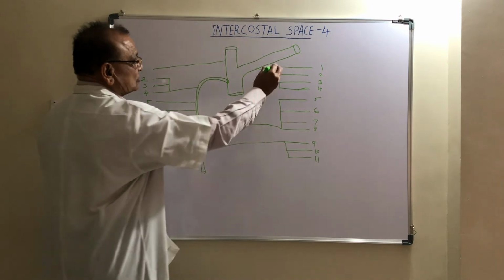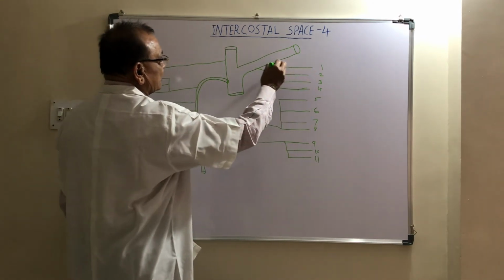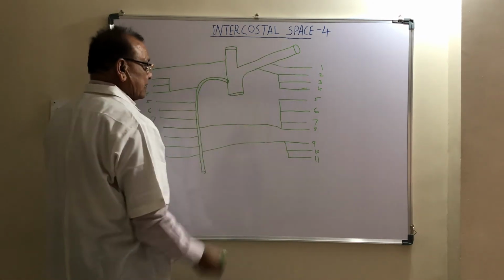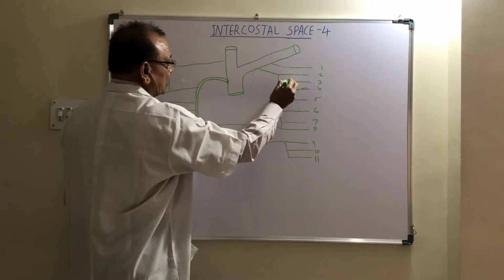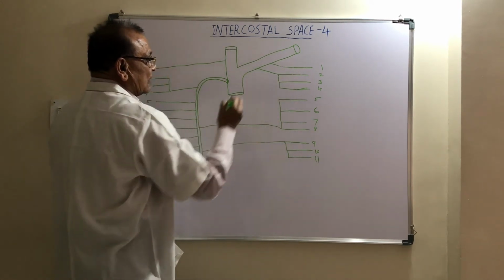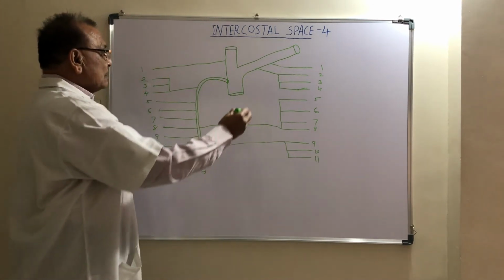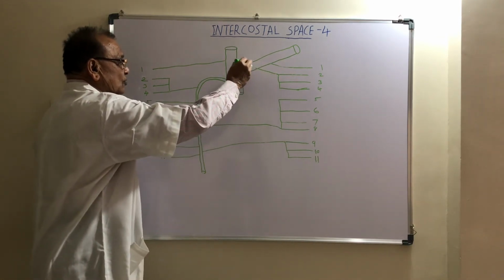Again, the first on the left side opens into the left brachiocephalic vein. The second, third and fourth unite to form the left superior intercostal vein, which opens into the left brachiocephalic vein.